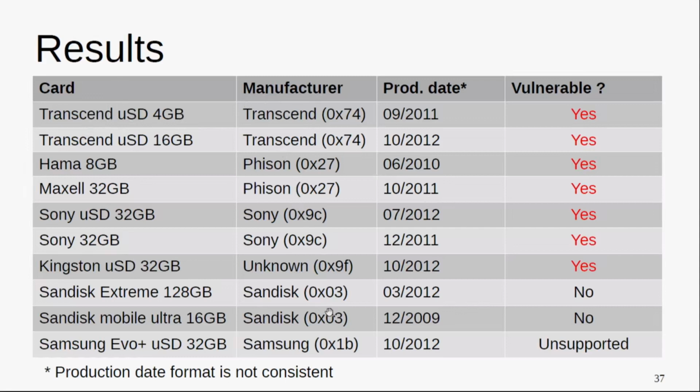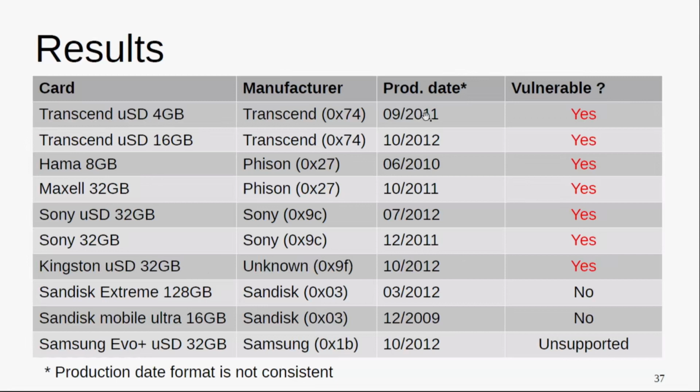This one is more. You can see those cards. And this information, the manufacturer ID, is sent by the card, and unfortunately there's no public source of information about which ID corresponds to which manufacturer. So you can find some of them on the internet, but for some of those, like this one, I just don't know who made it.